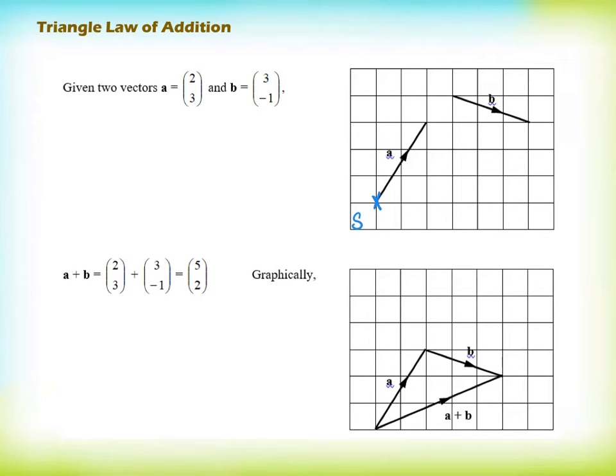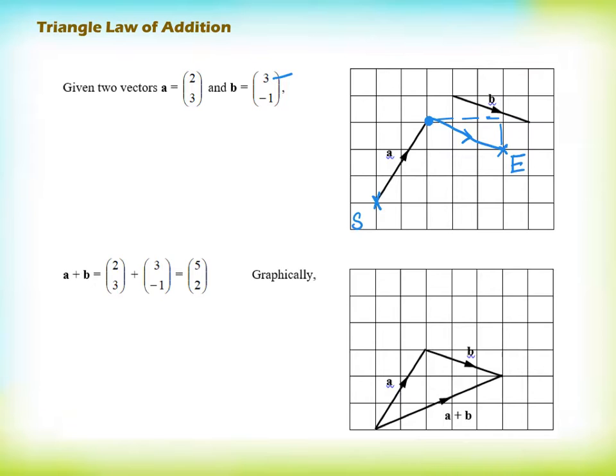I'm traveling 2 units right and 3 units up to the interchange over here. At the interchange, I take a bus B. Vector B is 3 units to the right and 1 unit down. So I end up here. So I have vector A and vector B. I started and I ended here.